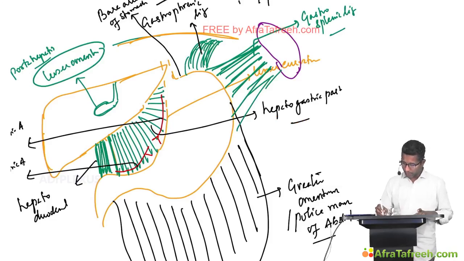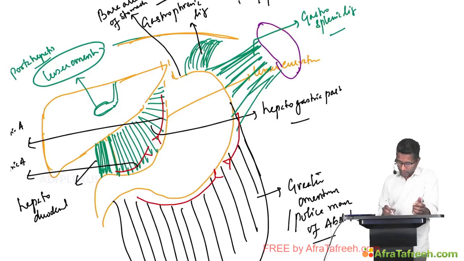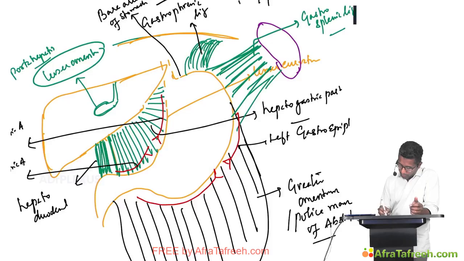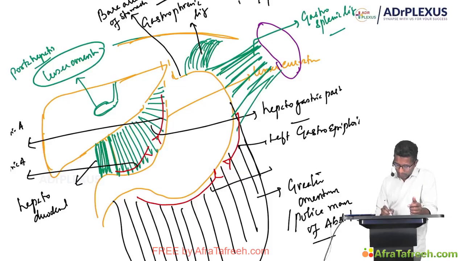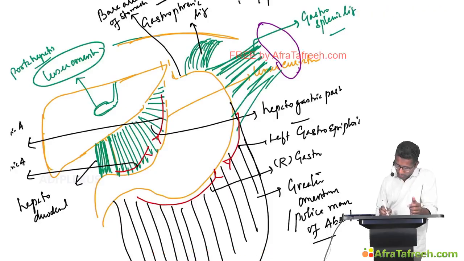Similarly, two arteries run in the greater omentum, along the greater curvature. This artery is called the left gastroepiploic artery, and this artery which is running here is called the right gastroepiploic artery.